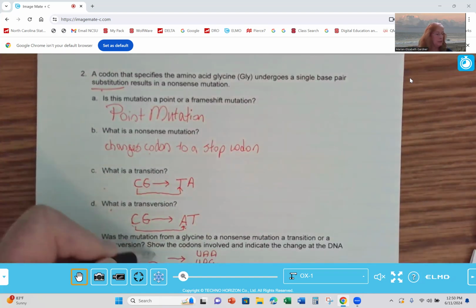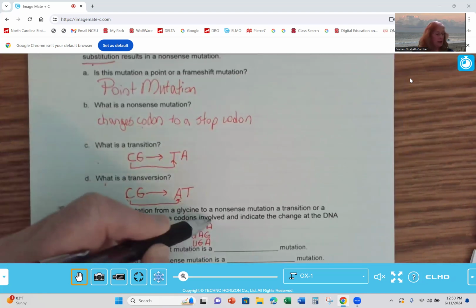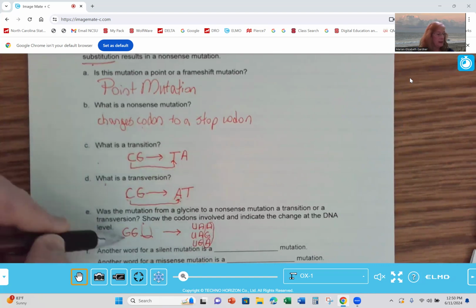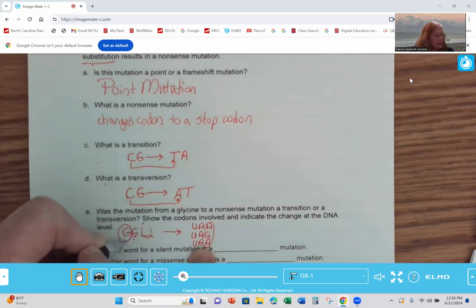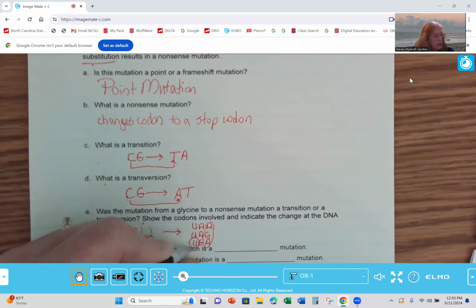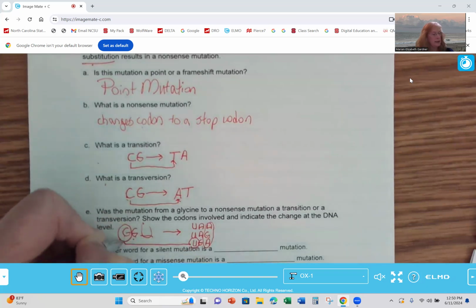Since this anything position can be anything, it doesn't matter which of those it is. We need to only change one position, though, so we need to go to the stop codon that had the guanine in the middle, and that means this first guanine changed to the uracil.